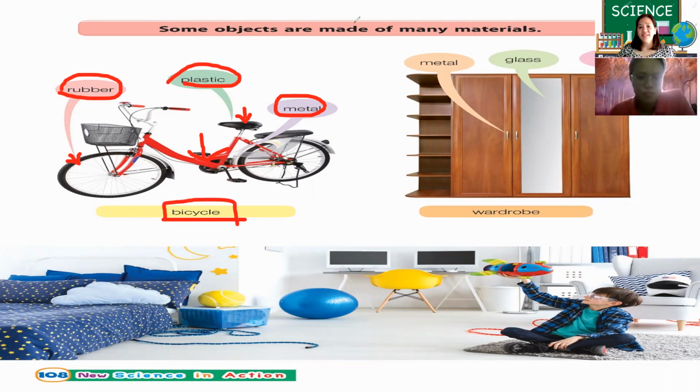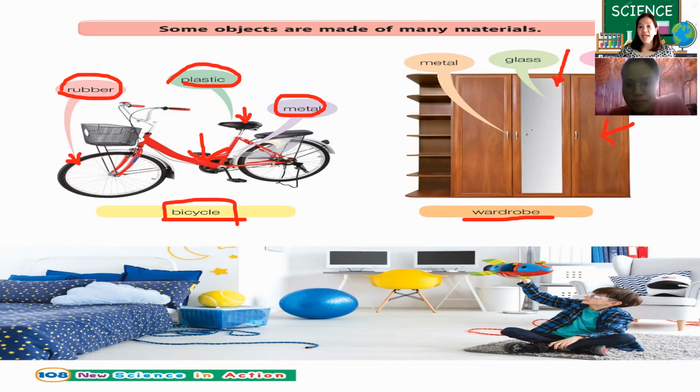All right. Next, we have wardrobe. The wardrobe is usually made of wood. But sometimes we put a mirror. Mirror is made of glass.